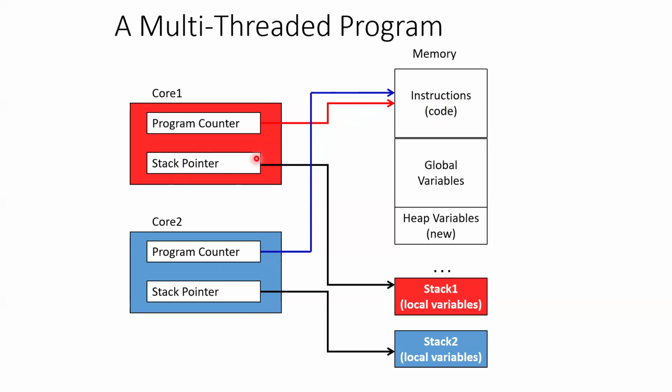Your stack pointer will point to a different chunk of stack, so each core you're using will have a different stack. The stacks store your local variables, and they are not shared, which means you don't need to worry about writing to the stack at the same time as someone else.